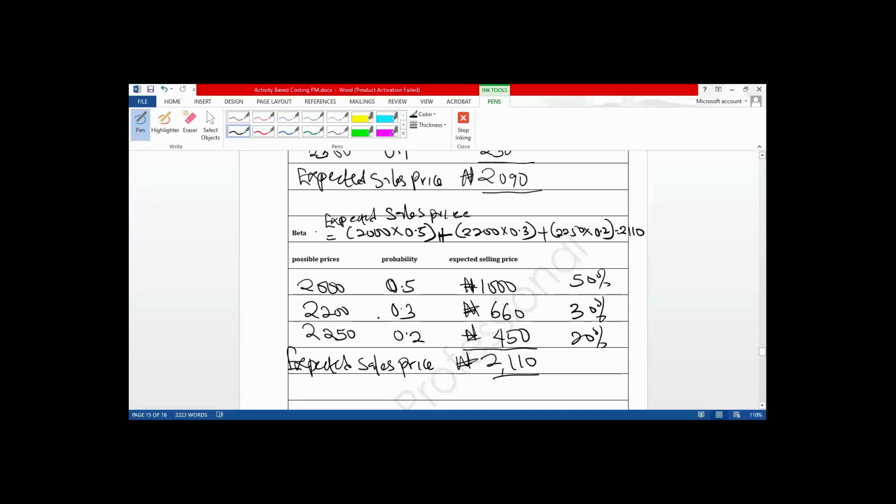If you are given in percentage, convert it to ratio. 50% is 0.5. 30% is 0.3. 20% is 0.2. And the summation must give you 1.